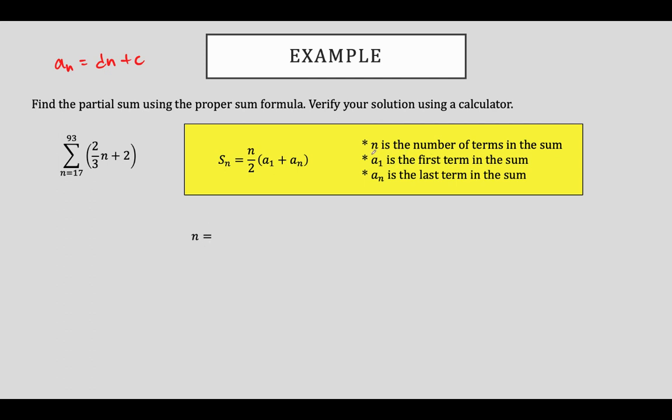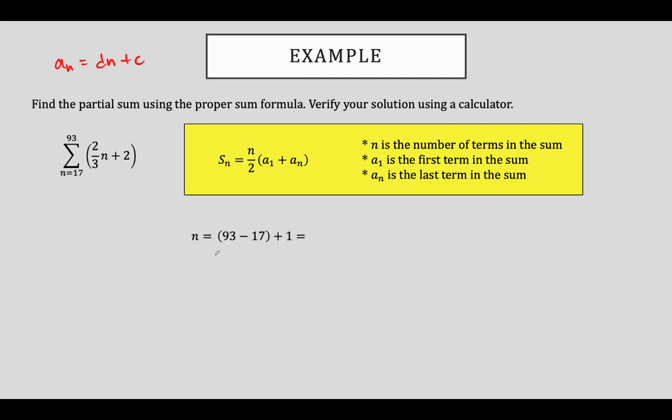n represents the number of terms in the sum. Now, this one's a little bit tricky because notice that the lower limit of the summation is not 1. Anytime the lower limit of the summation is not 1, we can find the number of terms in the sum by taking the upper limit, subtracting the lower limit, and adding 1. That will give us the number of terms.